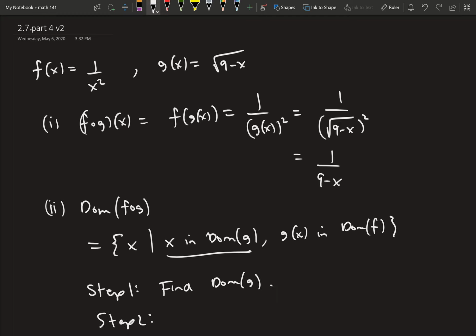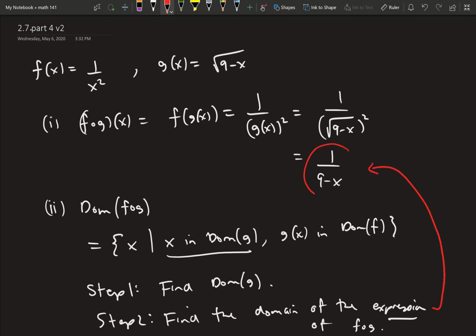Step 2 is to find the domain of the expression of f composed with g. So what I mean by the expression, this expression is this guy, the 1 over 9 minus x.